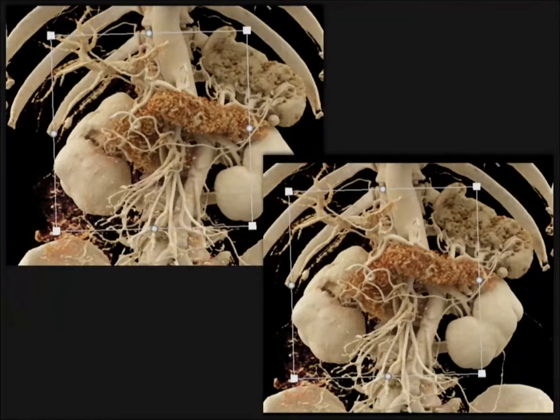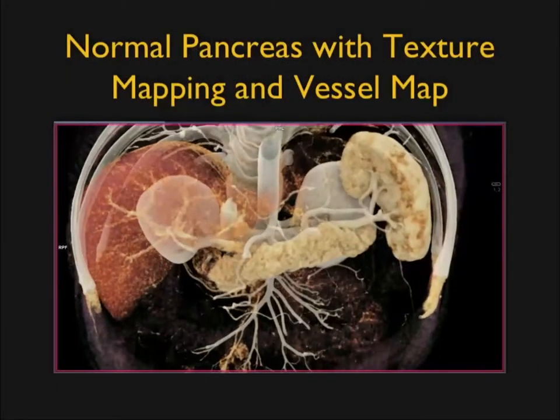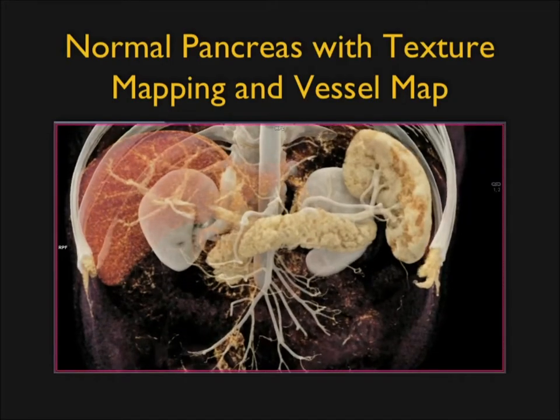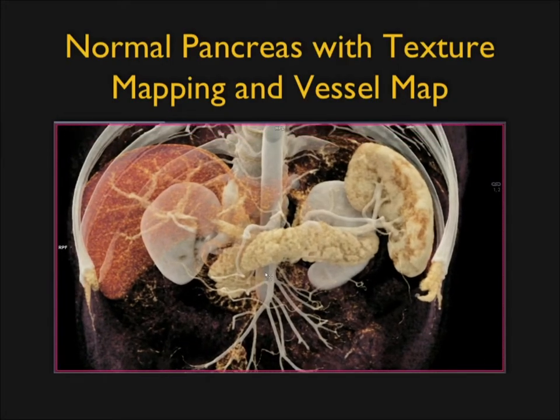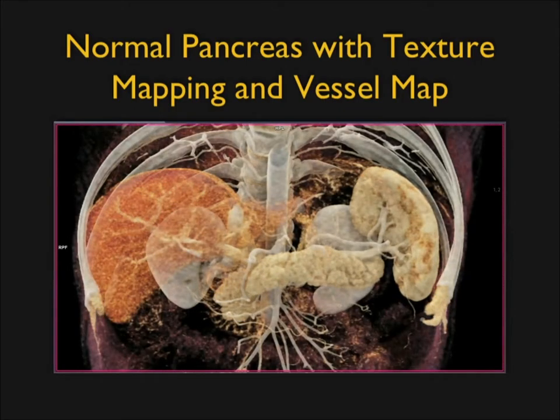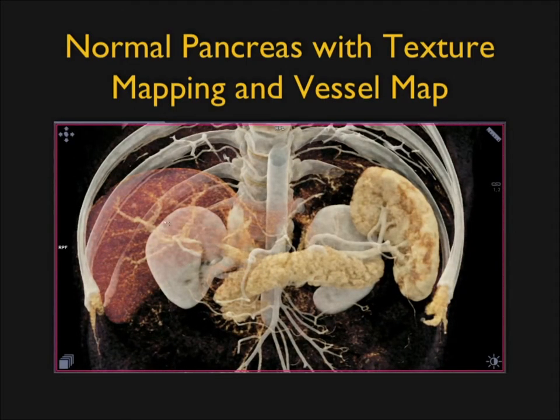Here I can see the texture of the pancreas and the spleen. Look how nicely you see the GDA going over the head of the pancreas. Look at the texture of the gland, and this interactivity allows me, you can see in this case, to really show you the interactivity of the pancreas, the changes, the accentuation of vessels, and the accentuation of texture.